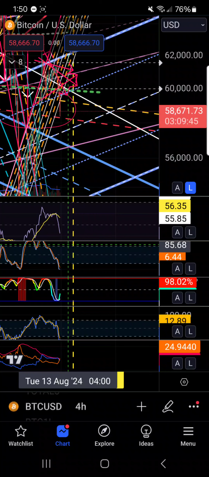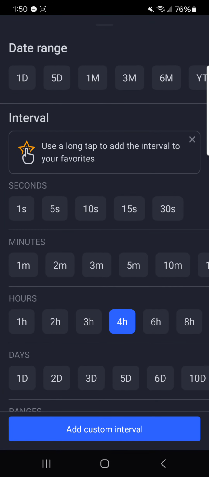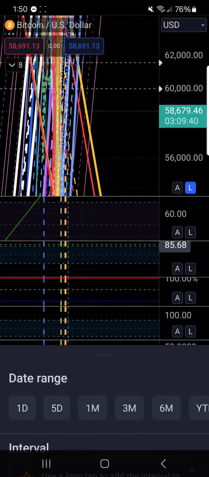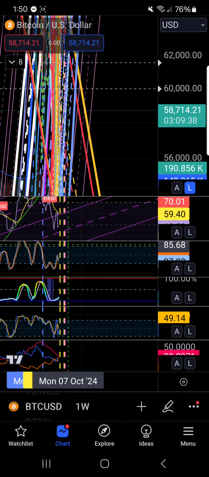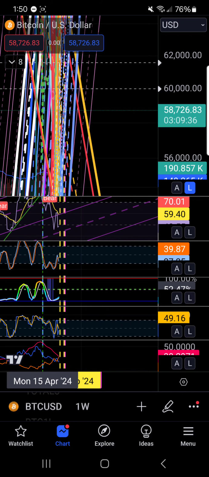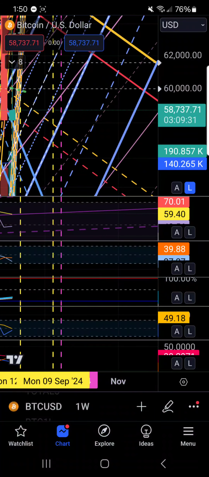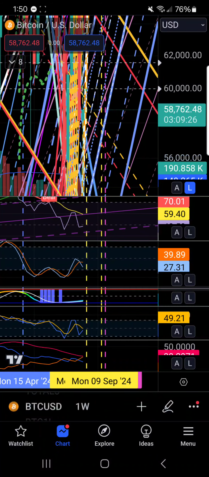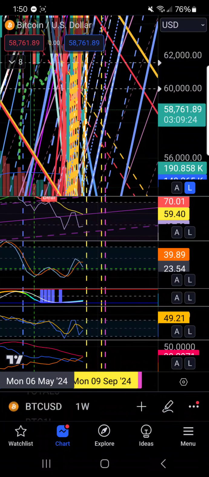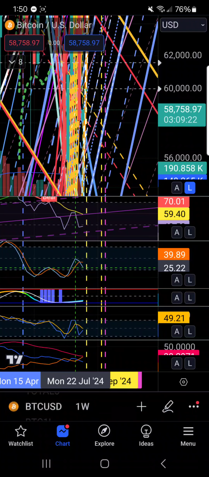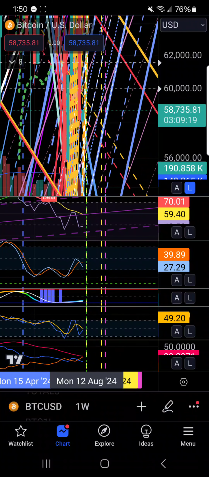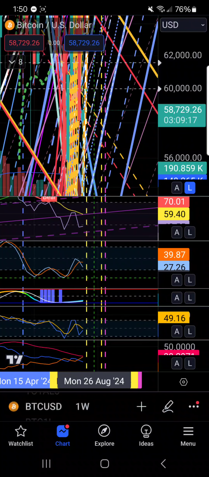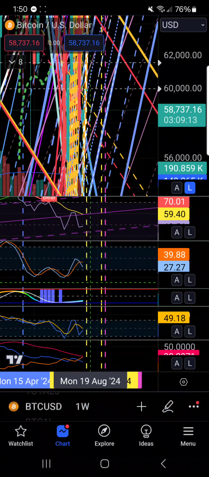Well, you know what? Let's look at where we're standing on the weekly. So we've been struggling here to get a real turn up on this weekly stochastic RSI, and we're pointed down once again, and it looks like we will be pointed down.